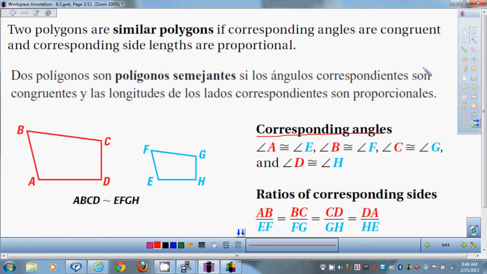Therefore, what two pieces go together? AB and EF. So you put them up as a fraction. AD and EH, fraction. BC, GH, fraction. BC, FG, fraction.